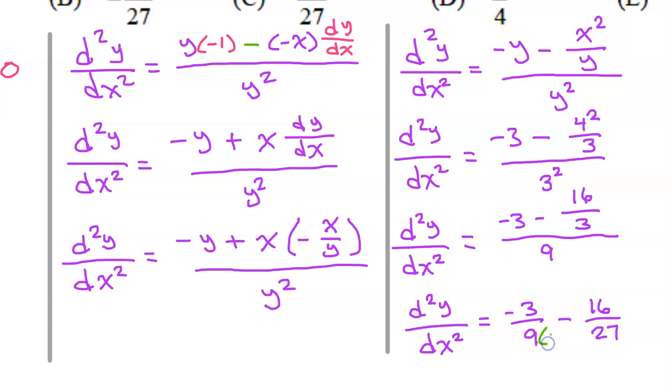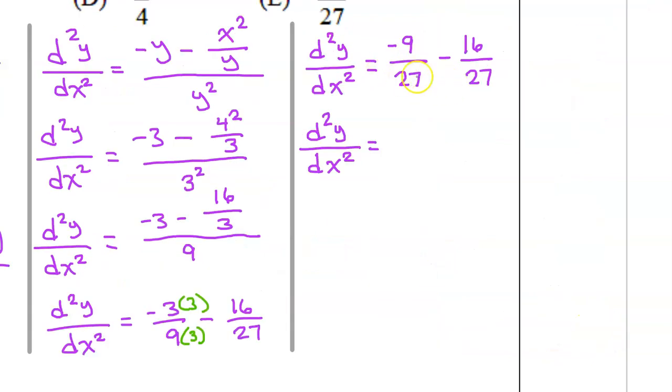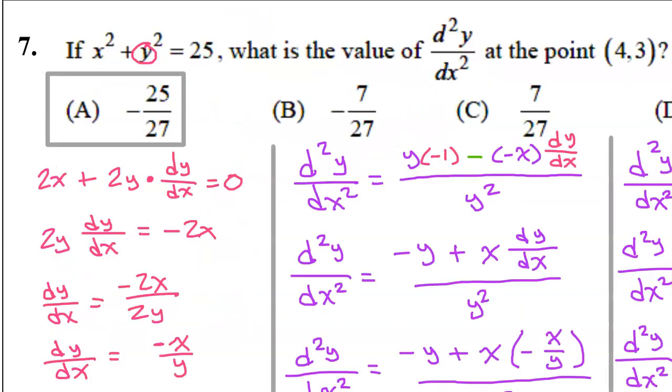So I'm going to multiply by 3 in the numerator and denominator so that I have a like denominator of 27. So now I have like denominators, so I can go ahead and combine these into a single fraction with a denominator of 27. And in the numerator, I will have negative 25. This matches answer choice A.